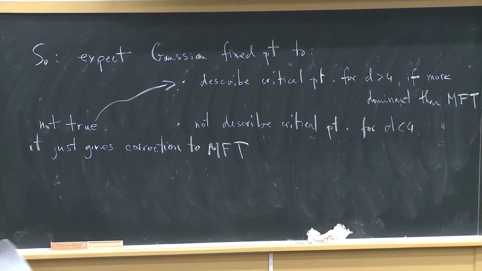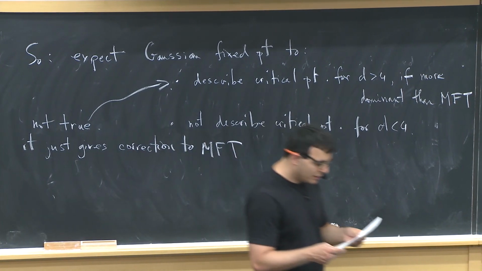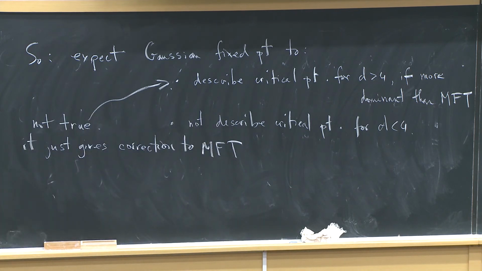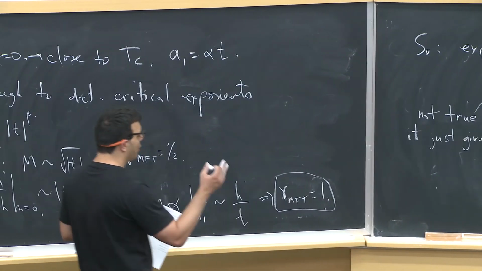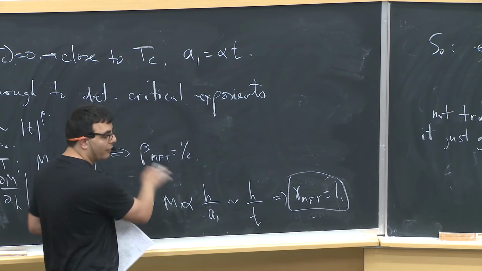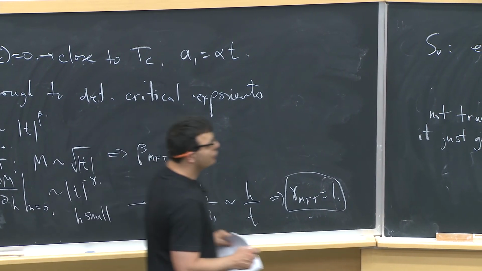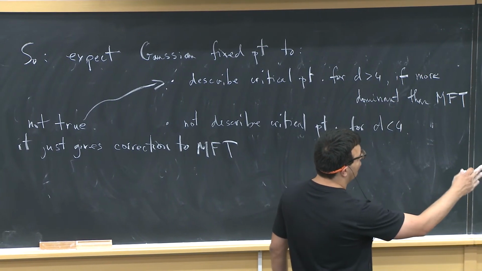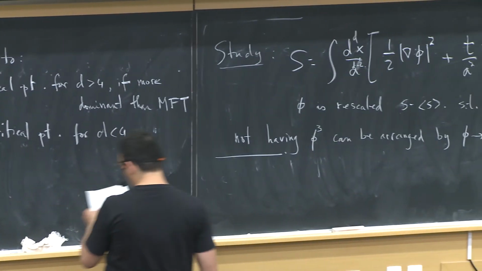The way to see that really quickly is that we found last time, I showed you how to compute, assuming we have a quantum field theory with a fixed point, the values of these critical exponents in terms of the scaling dimensions of the operators, or these little y's.